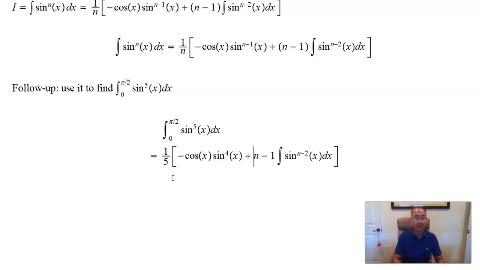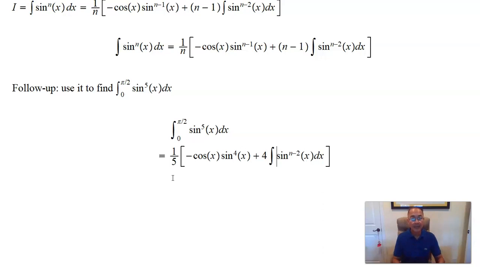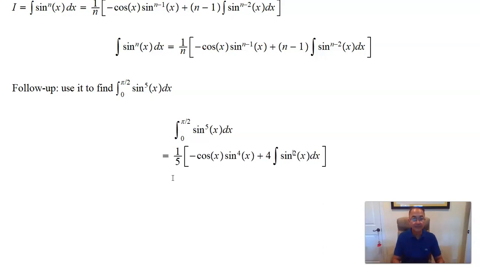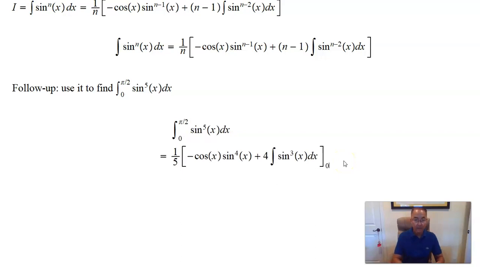N minus 1 is 4. N minus 2 is 3. And we evaluate from 0 to pi over 2.